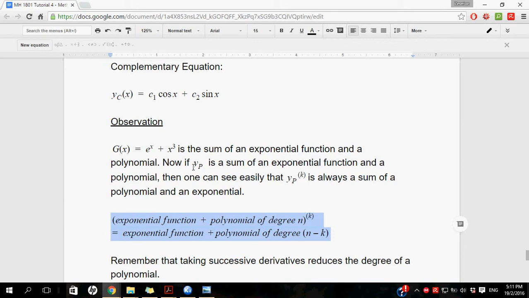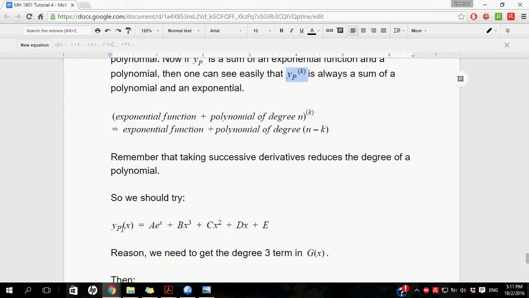Therefore, if we take yp to be the sum of an exponential function and a polynomial, then no matter how many times we may differentiate yp, we will always have a sum of a polynomial of smaller degree and an exponential function. Therefore, we will pick in this case yp to be our exponential function plus our polynomial of degree 3.